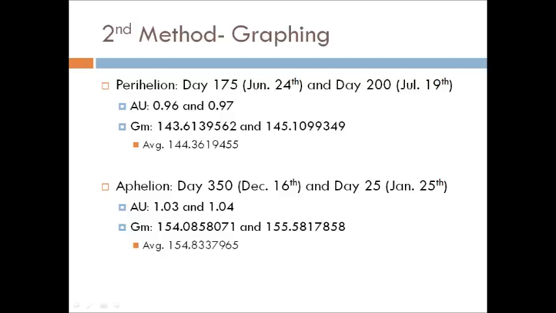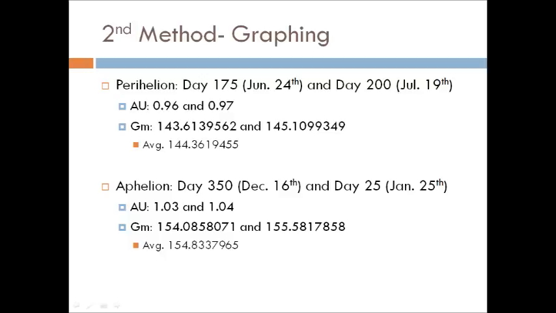So here's the breakdown and the conversion into gigameters. For the perihelion, you can see that the gigameters range from 143.6 to 145.1, and the average is around 144.4. But bear in mind that the curve was actually closer to the top of that interval, so it's probably a bit closer to 145.1.